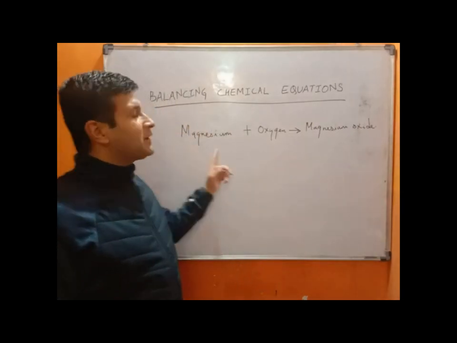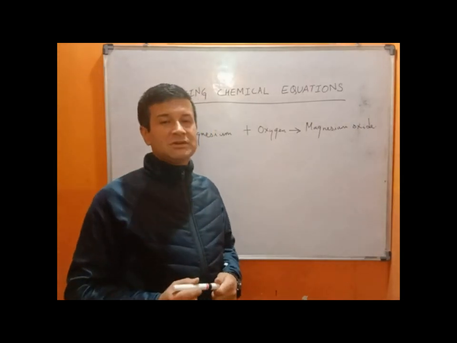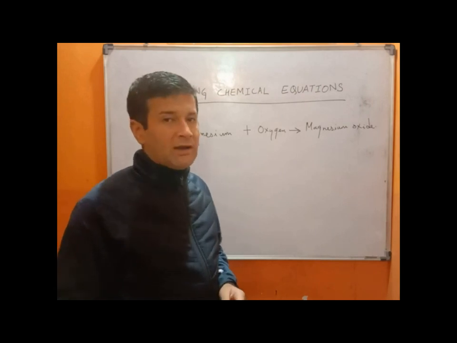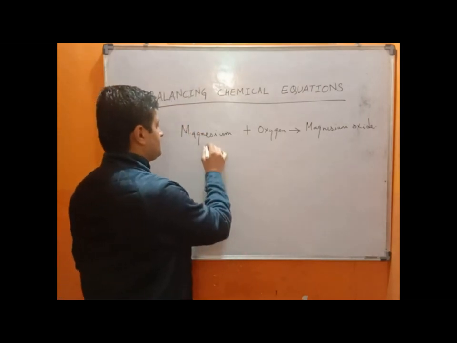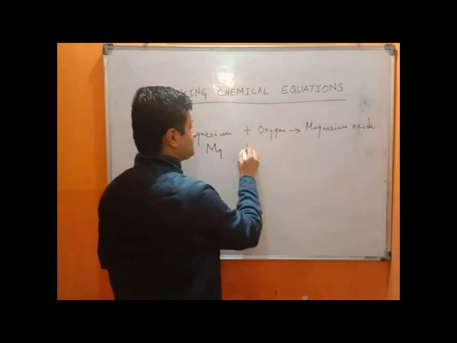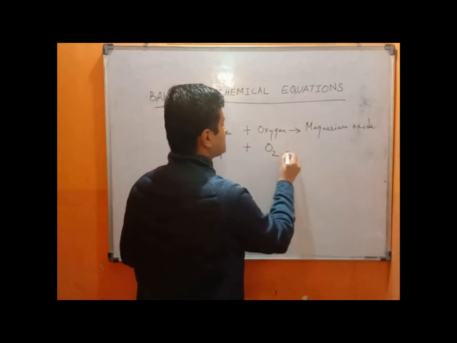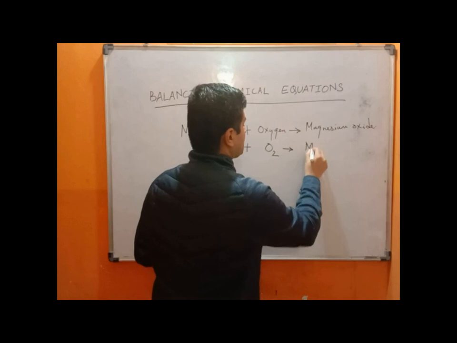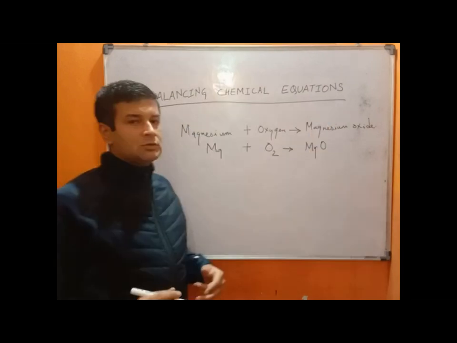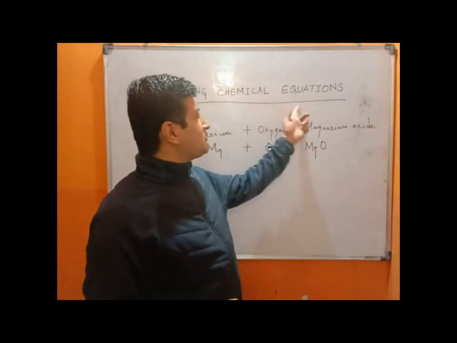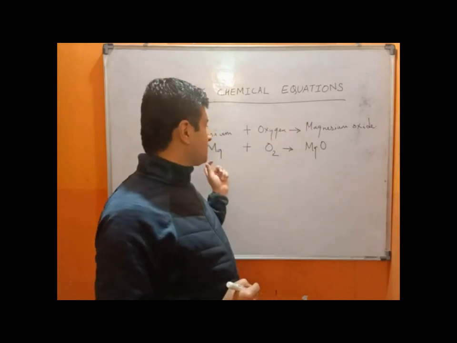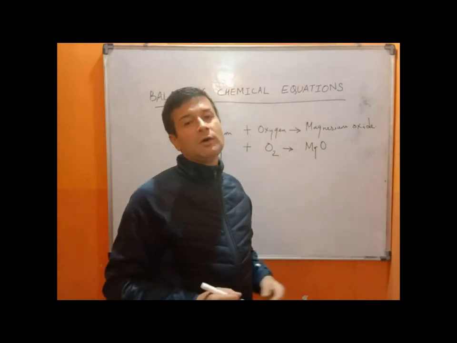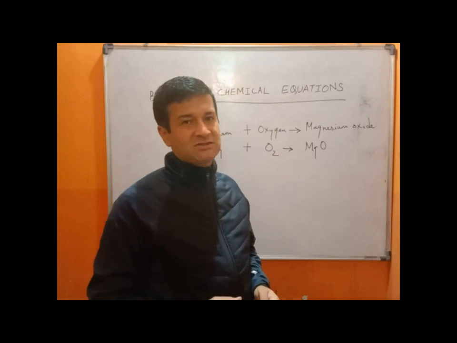The same word equation can be written in the form of a formula. Magnesium plus oxygen gives MgO. So a chemical equation is nothing but the symbolic representation of any chemical reaction.